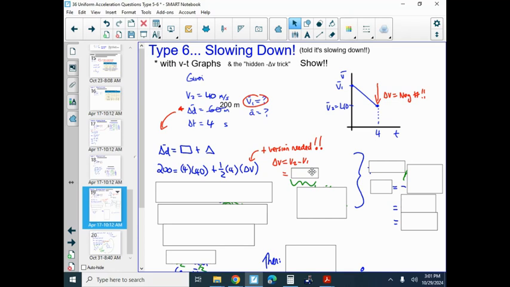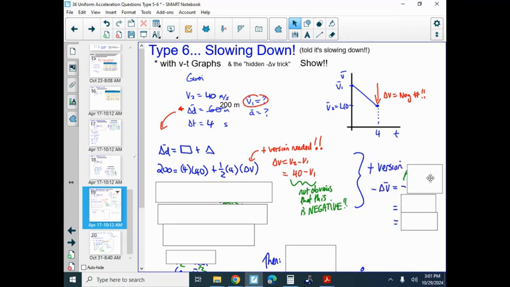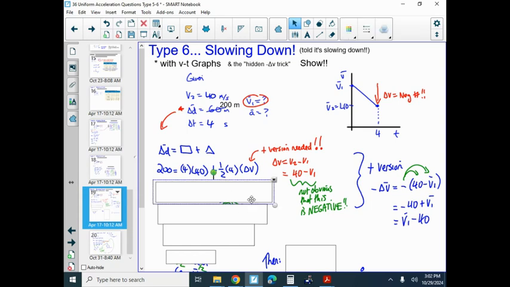We need the positive version of this stuff. So we need the 40 minus V1 with the negative of that. So it's negative of a negative thing, and it really becomes minus 40 plus V1, and then rearrange it. Looks nice. So that's why I'm going to have that in there as V1 minus 40.